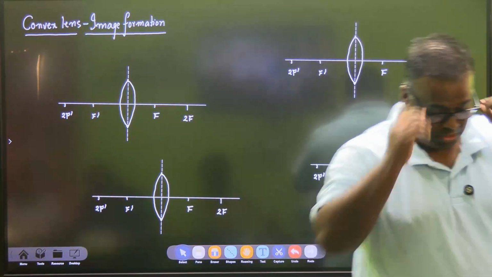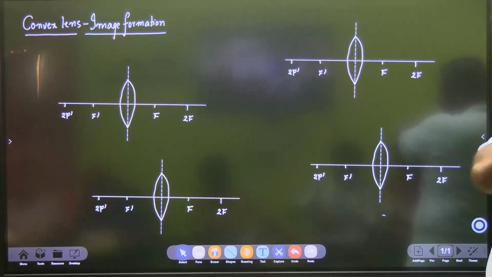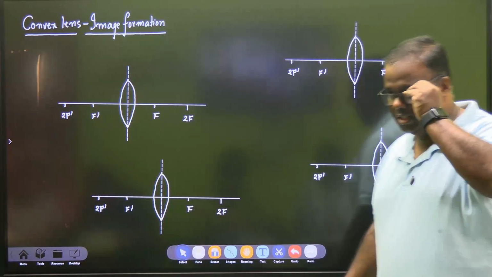Convex lens, focus, double of focus, primary, secondary on either sides.